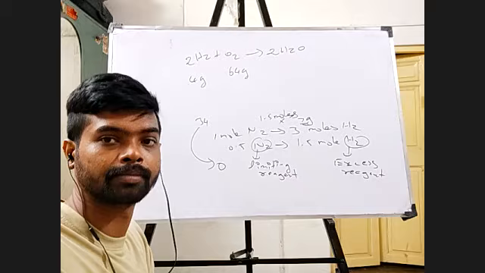For 2 moles of H2, I require 2 moles of O2. So, am I doing it correctly? Okay. So if I have 2 moles of H2, I require only 1 mole of O2.